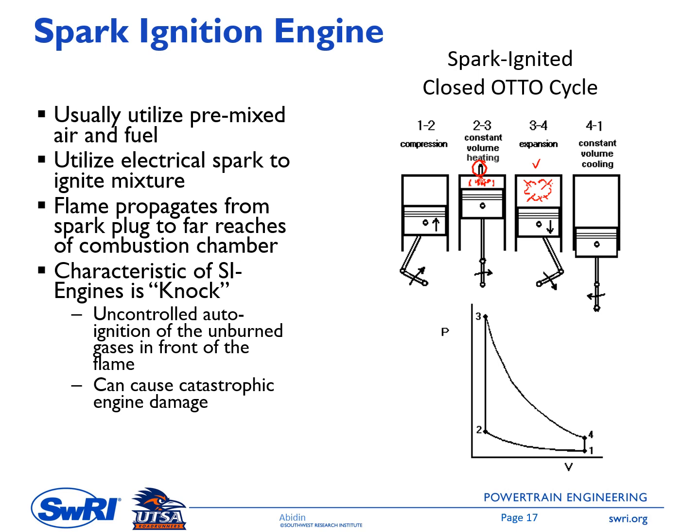In this spark ignition engine, the flame propagates from the spark plug to the far reach of the combustion chamber. This is just showing the schematic of the flame propagation that consumes the unburned mixture. Inside this flame is the burned mixture, and outside of this flame is the unburned mixture.